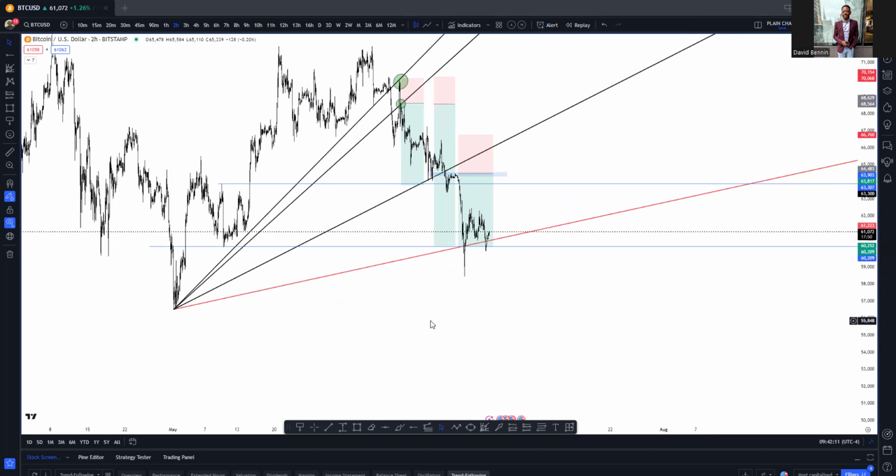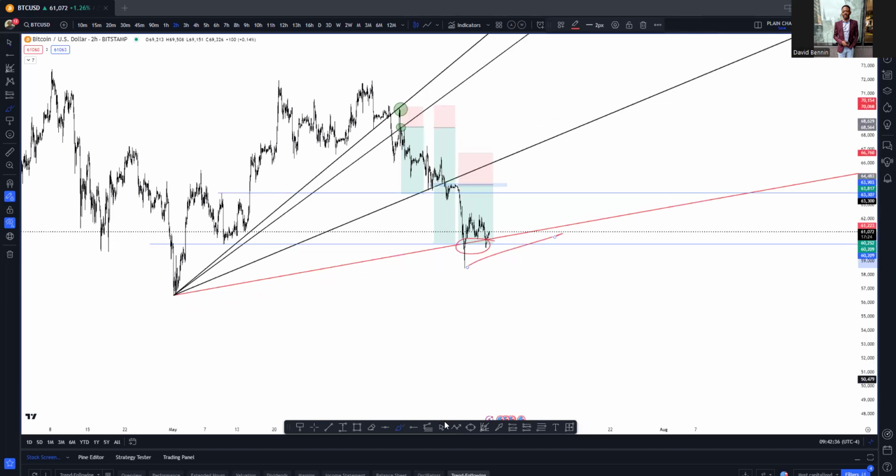At this point, BTC needs to take out this decision line here, because currently we have a double top and a double bottom on top of the decision line. There is a high chance that price would take out multiple liquidity before we drop. But if we break out of this level here, like I said, the next stop on BTC would be 50K.